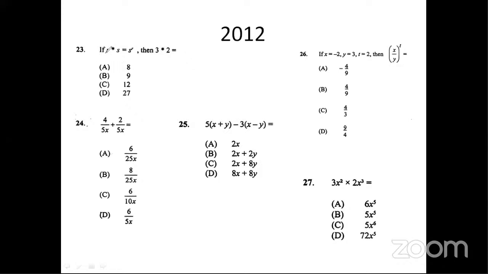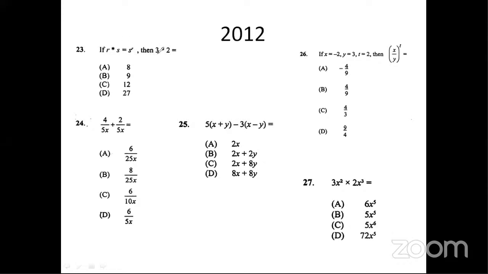If r asterisk s is equal to s raised to r, then 3 asterisk 2 is equal to what? When we have binary operations, what are we actually doing? Substituting, definitely. We are matching up the values and the letters in the same position.